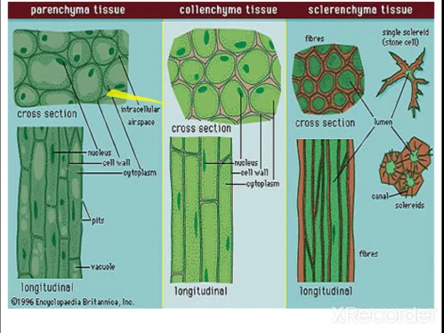Because of thickening, there won't be intercellular space present between the cells of sclerenchyma. This is a longitudinal section, LS. This is also LS of collenchyma. This is LS of parenchyma.